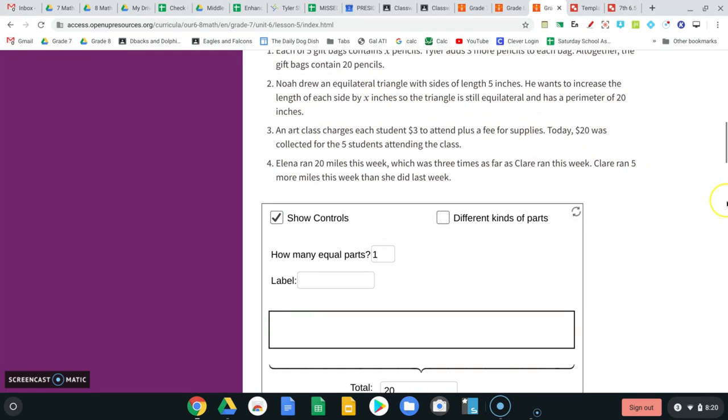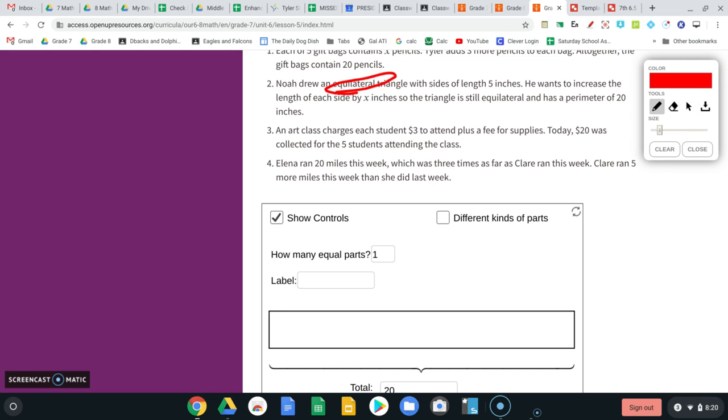Equilateral means three sides are equal. That means it has 3 sides and they're all equal.